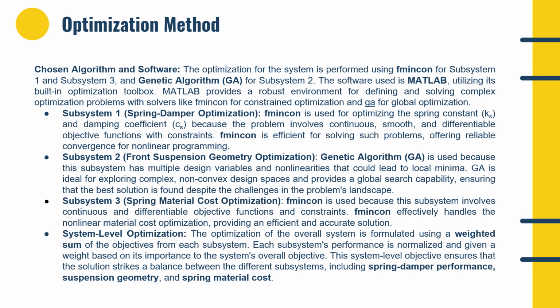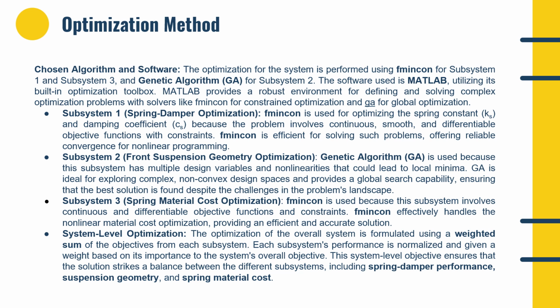We are using MATLAB software for this optimization. An algorithm was selected based on the nature of each subsystem. For subsystem 1, fmincon optimizes the spring constant and damping coefficient, which involves continuous, smooth, and differentiable functions. For subsystem 2, GA handles complex nonlinear design variables, ensuring global optimization in the suspension geometry.